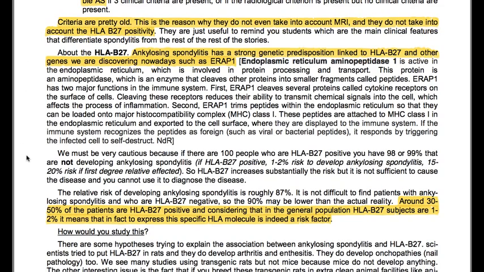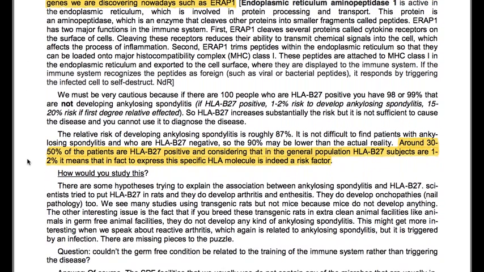So we must be very cautious, because if there are 100 people who are HLA-B27 positive, 98 to 99% are not developing ankylosing spondylitis. So only 1 to 2% of those who are HLA-B27 positive are at risk to develop ankylosing spondylitis.